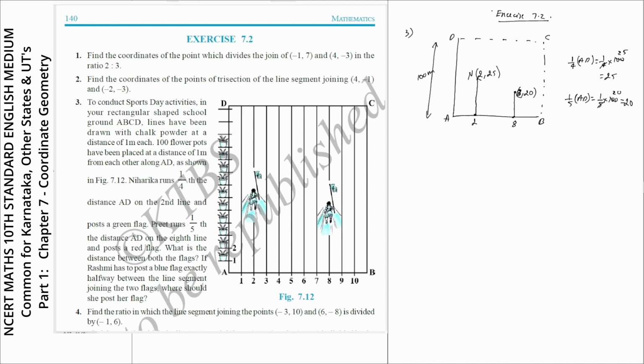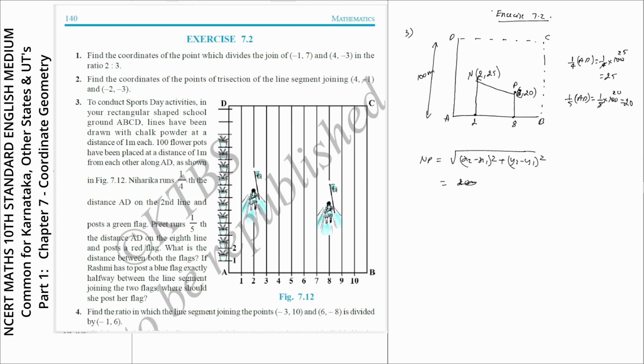Now I should find the distance. So this is Preeti, right? So I should find the distance NP. So NP distance formula is given by square root of x2 minus x1 the whole square plus y2 minus y1 the whole square. I will take x2, y2 as P, that is 8 and 20.